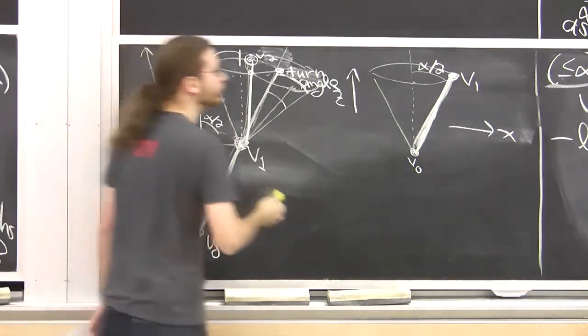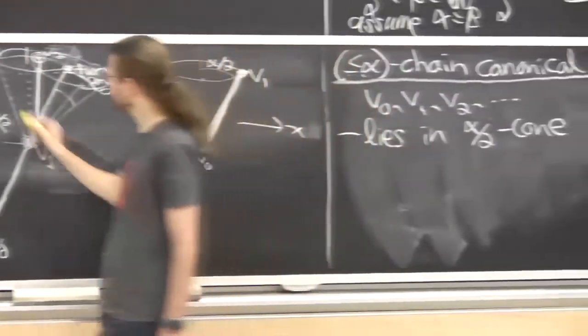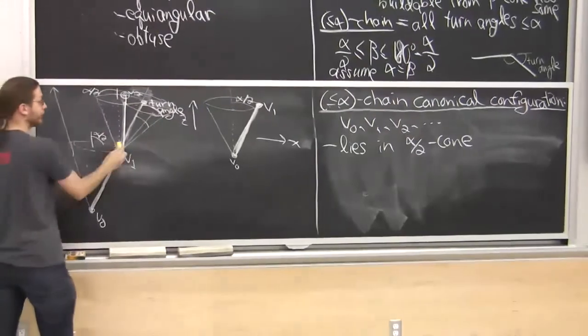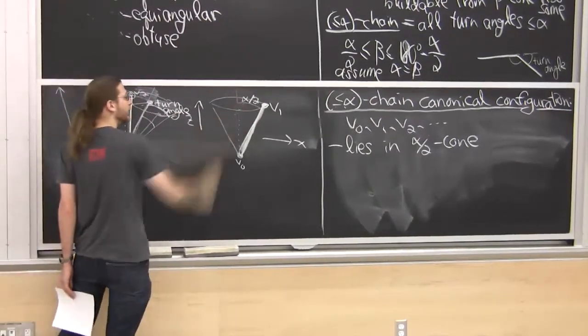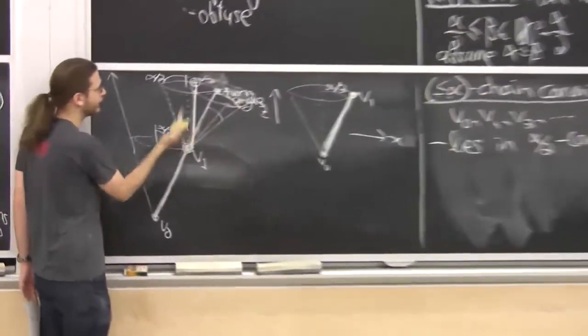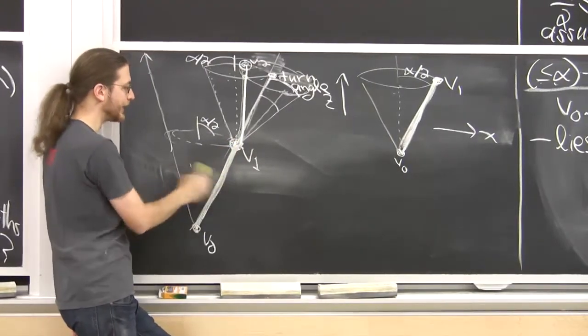Now we're assuming that the turn angles are all at most alpha. So the turn angle cone could actually be twice as big as the vertical cone that we were always using. We always use a vertical cone, half angle alpha over 2. But it's okay because we always keep these edges, like V0, V1, on the edge of the cone.